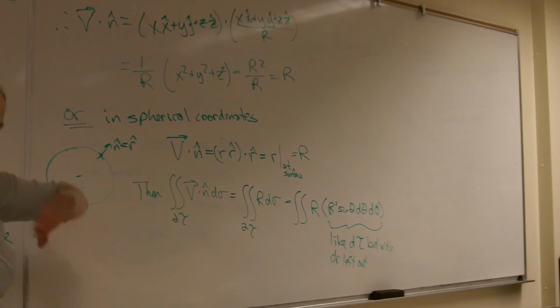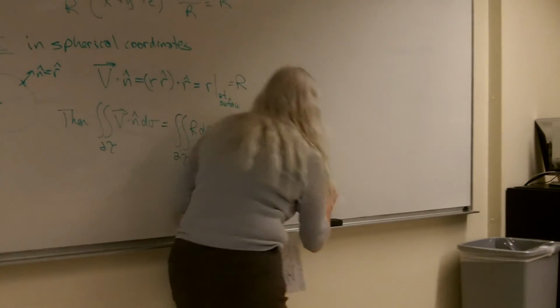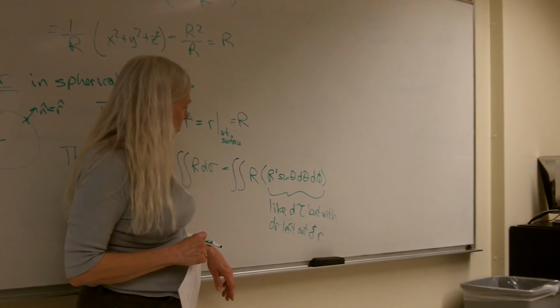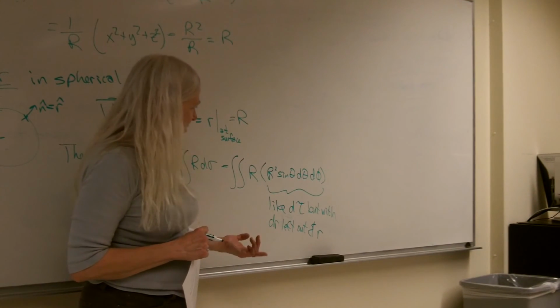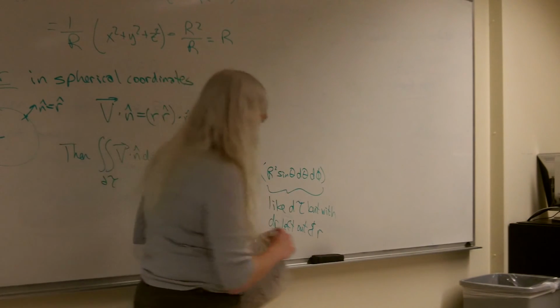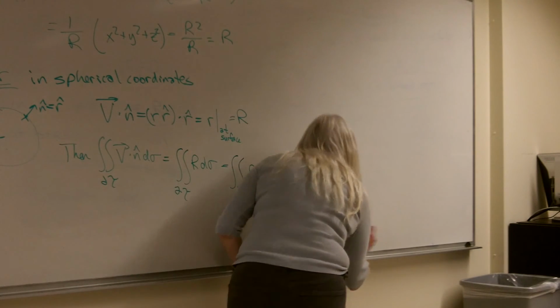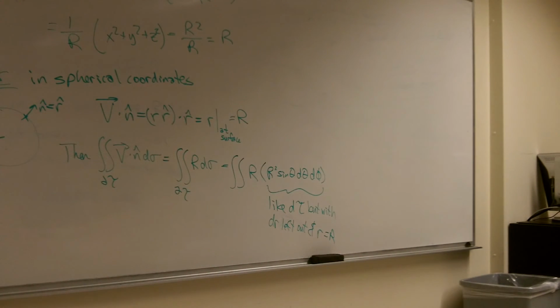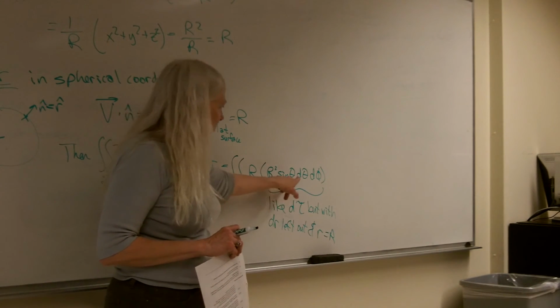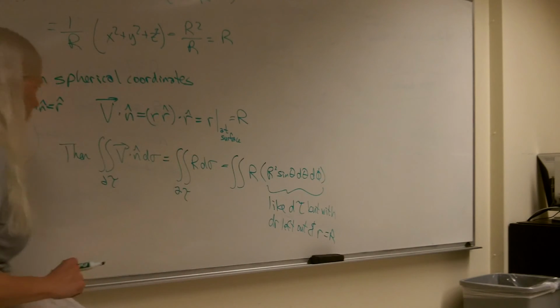If r were changing... we're staying on the surface, r is remaining fixed. And the other piece of it, I guess, right, the volume element d tau in spherical coordinates we would write as little r squared times sine theta dr d theta d phi. So again, I've left out the dr, but the other thing I've done is I've taken the little r and set it equal to big R, because that's the value little r has when we're on the surface. Okay? So it's just like the volume element, but with the radius set equal to the constant value it has. It's no longer a variable, and therefore the dr, again, gets left out.